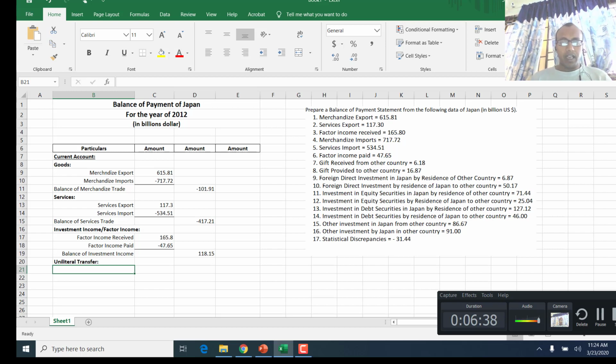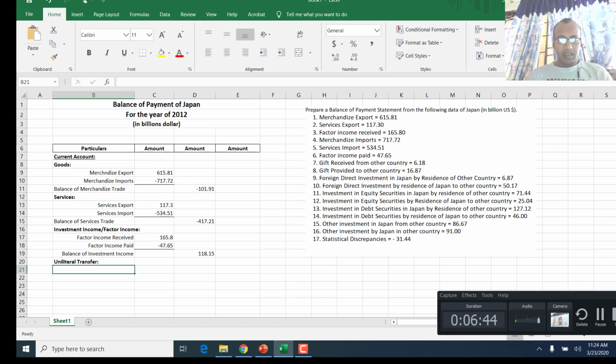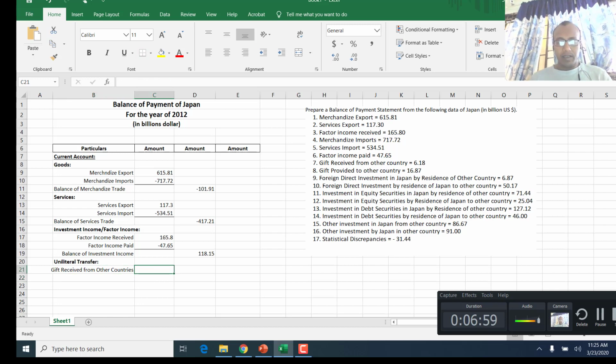If we receive any unilateral gift or transfer, here you see in transaction number 7, gifts received from other countries should be here. As I received it, it should be added.